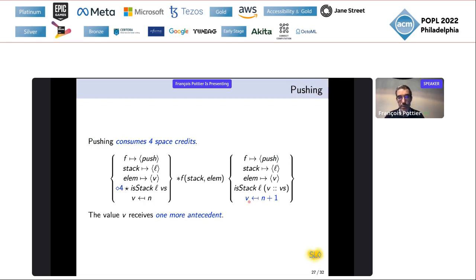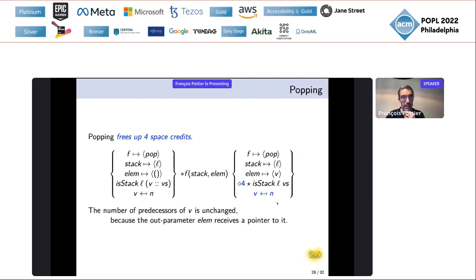So we have a pointed by assertion which is updated in the postcondition. The pop operation is essentially symmetric. It releases some space, and the number of pointers to v is actually unchanged because we have an out parameter here, which receives a copy of v.